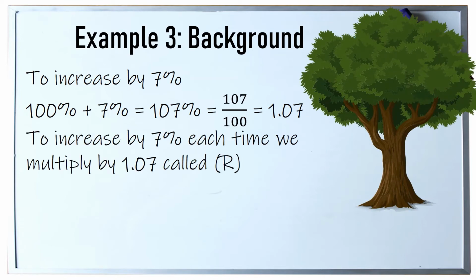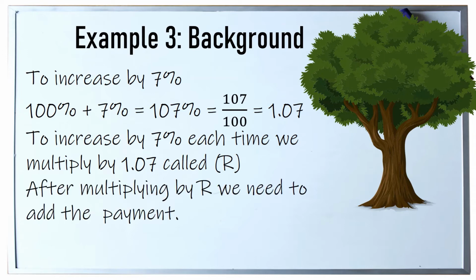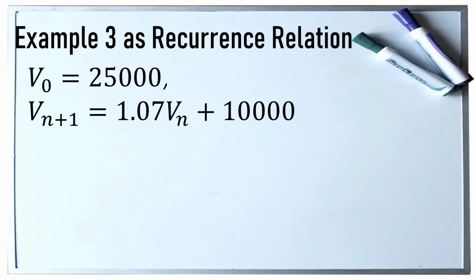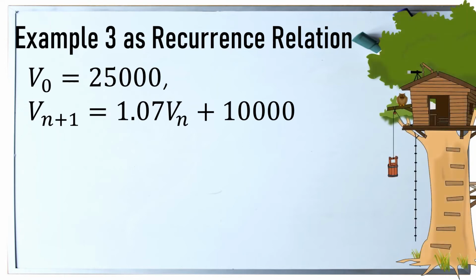To increase by 7% each time, we multiply by 1.07, which again is our capital R. After multiplying by R, we need to add the payment. So to do example 3 as a recurrence relation, V0, our principal, is 25,000. To get the next number in the sequence is 1.07 times the previous number plus 10,000. We add 10,000 because we're adding to our investment.